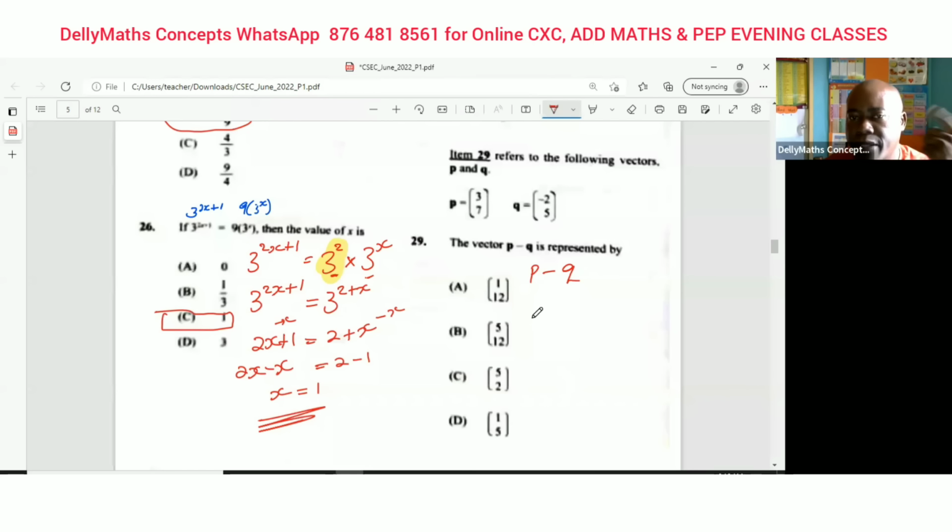So vector P is 3, 7, and then I'm going to be adding the inverse of the other one, that means negative 2, 5. As we say, we don't subtract vectors, we add the inverse of the last one. So now we're looking at 5, 2. So this is the answer.